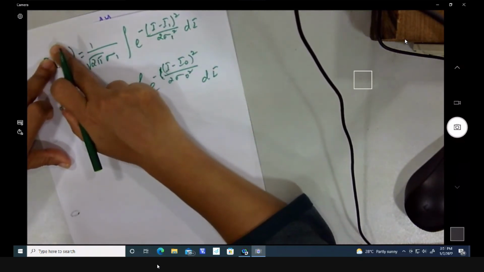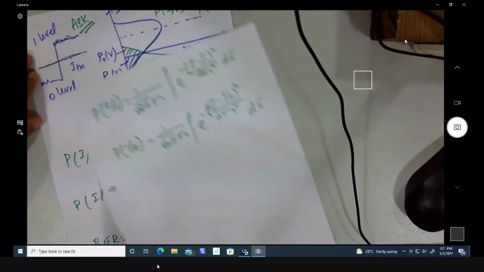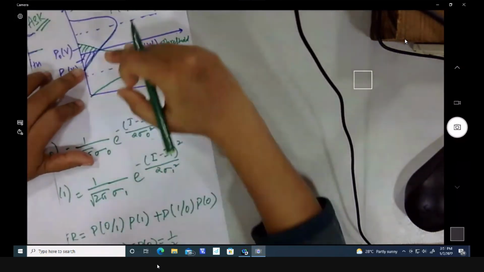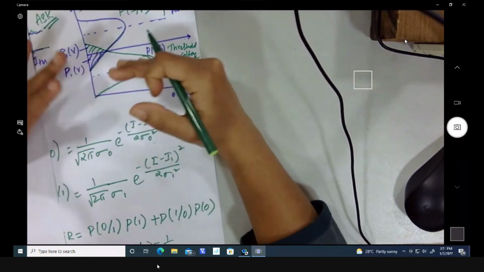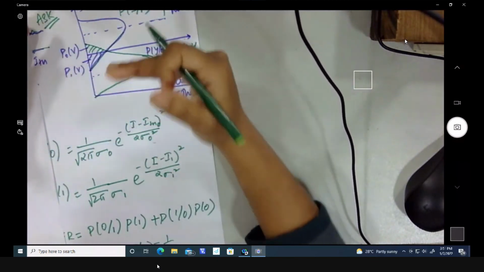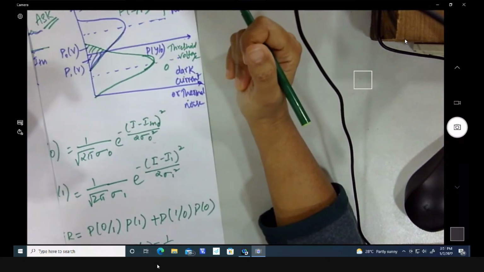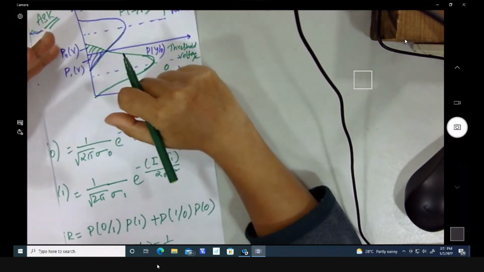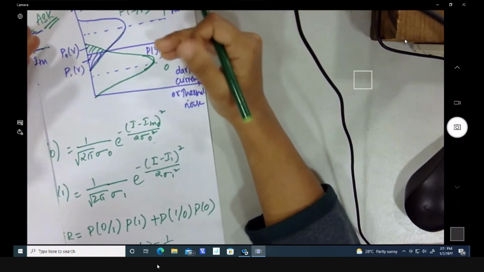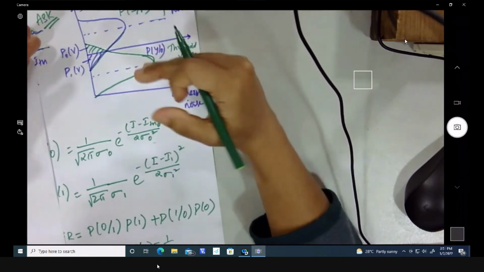So when are we going to get 0? Tell me the range in which it falls so that it will be detected as 0. Actually 1 has been transmitted, but it falls somewhere. Where has it fallen so that it will be detected as 0?